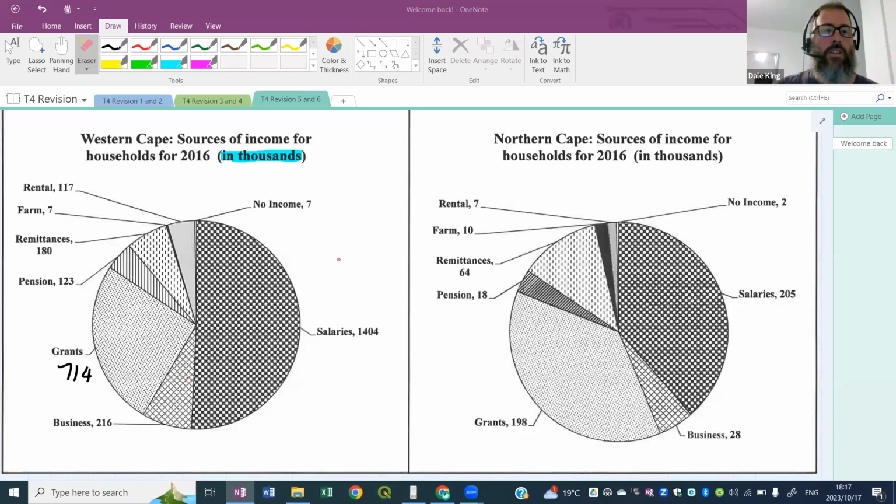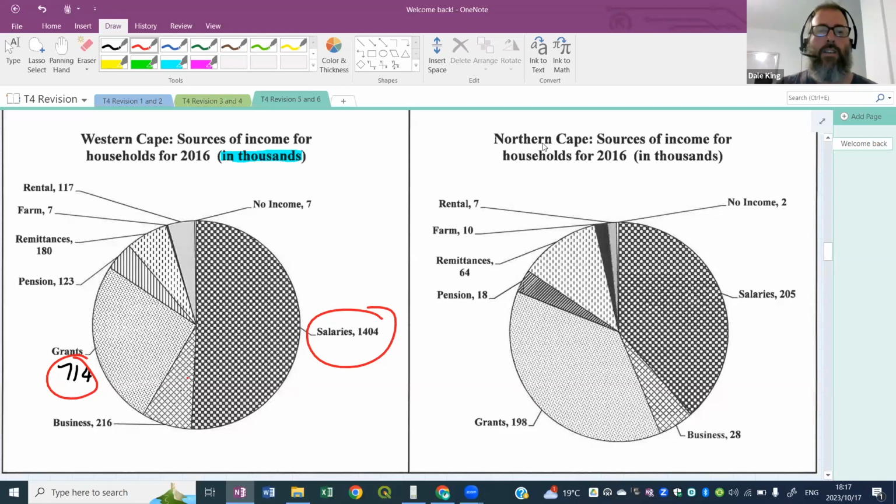Oh, very interesting. So the largest source of income definitely comes from the salaries. That's the biggest piece of the pie, isn't it? The second highest source of income, the second biggest piece of the pie, must be the grants. So then the third highest income, the third biggest piece of the pie, must be the business income.